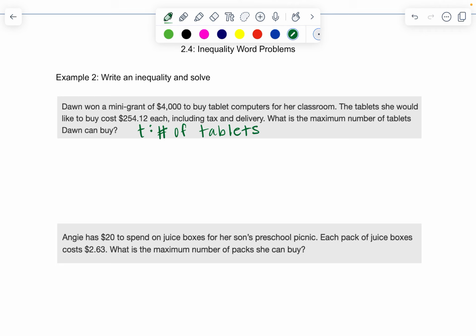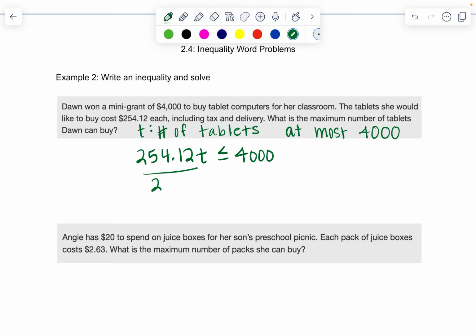And she only has $4,000, so she can spend at most $4,000. If we looked back on the front, we would know that at most is less than or equal to. So it's $254.12 per tablet, has to be less than or equal to 4,000.